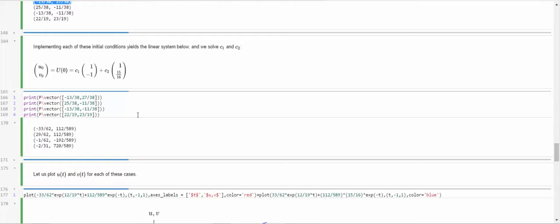So what I do here is I take that initial condition, I plug it in for U0, V0, I get this linear system of equations, I solve it.